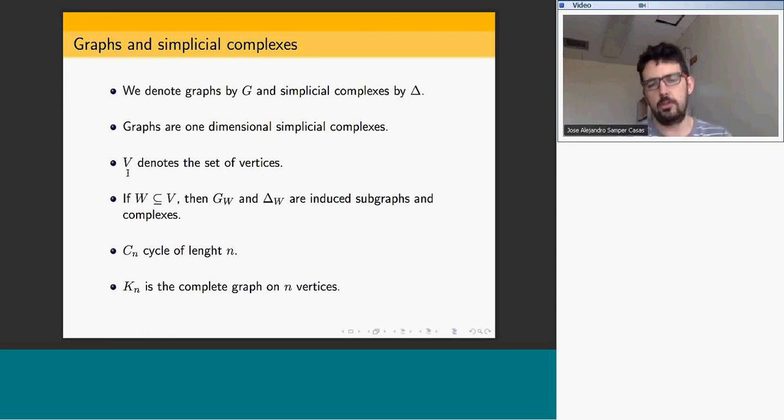The subscript W denotes the induced subgraph or induced subcomplex on the vertices W. And two important kinds of graphs that will appear are the cycle of length n, which is the obvious graph, and the complete graph Kn, which is the graph on n vertices where everything is an edge.